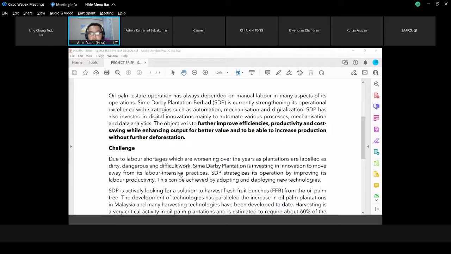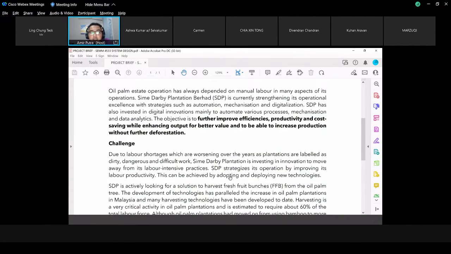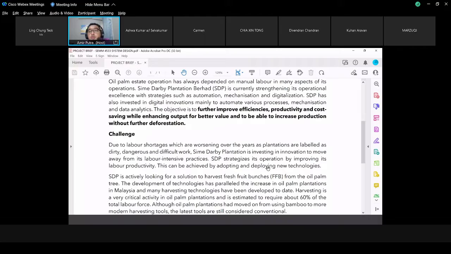Okay, so SDP strategizes its operation by improving its labor productivity. This can be achieved by adopting and deploying new technologies. So, at this level, basically you have around 6 groups. If you would like to separate into several phases, you need to identify and specify in your team.